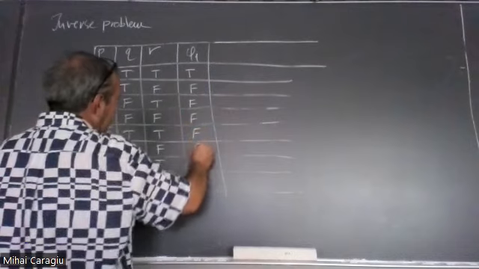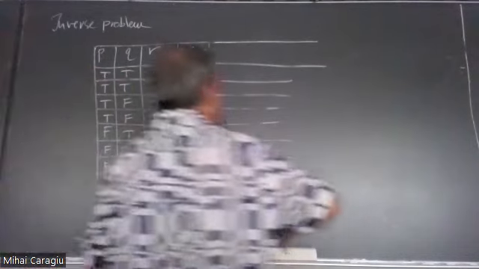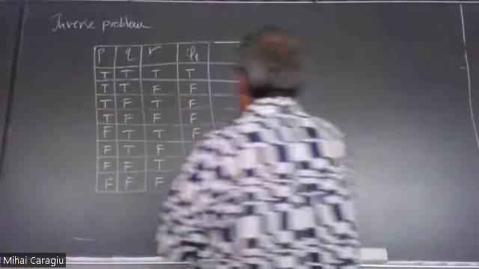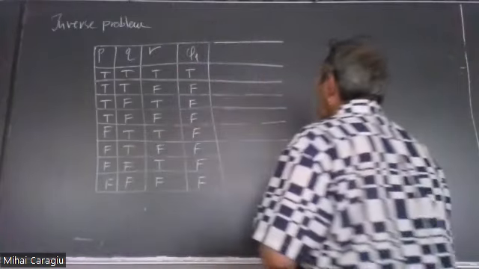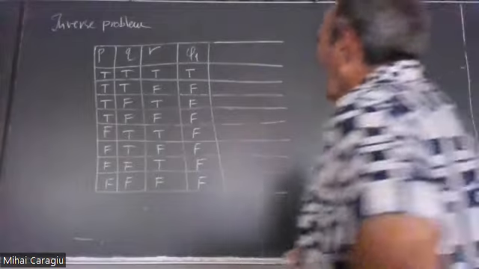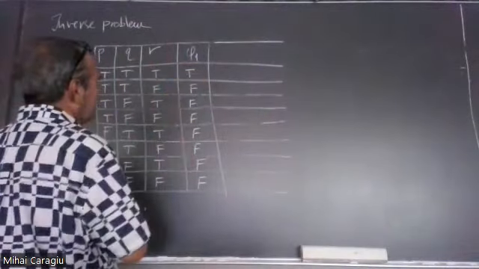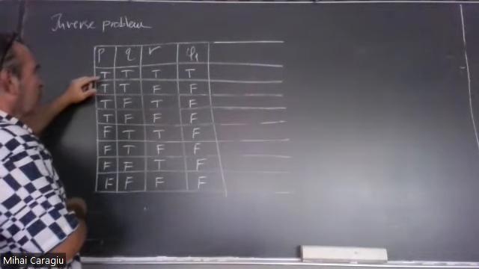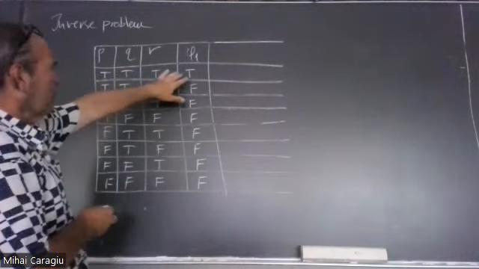Let's try to think a little bit about what phi 1 could be. Okay, so look at this compound proposition. Phi 1 is true only in the first line. So in other words, phi 1 is true precisely when all of those atoms are true. Whenever P is true, Q is true, R is true, exactly in that place, phi 1 is true.